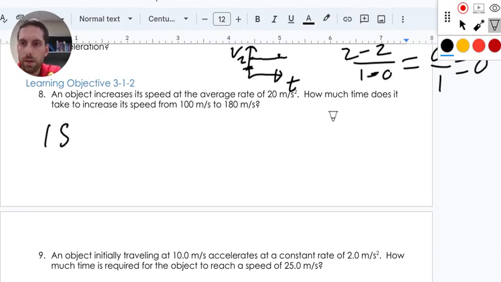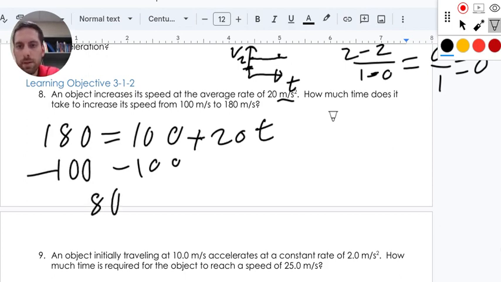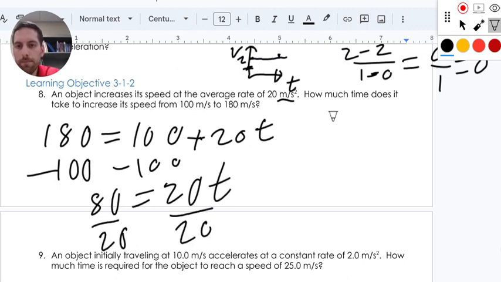We're going to put 180 equals 100 plus 20, the acceleration, because it increases its speed at an average rate of 20 meters per second squared, times time. Now we solve this out. We get 80 equals 20 t, divide by 20, divide by 20, t equals 4 seconds.